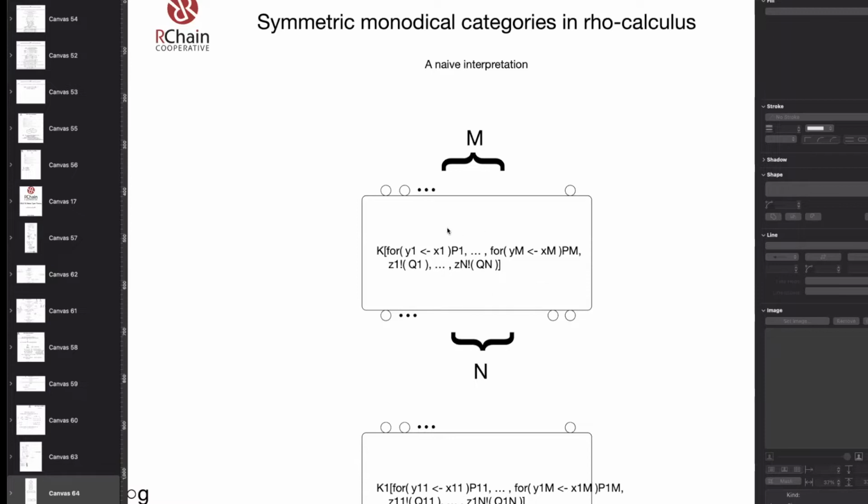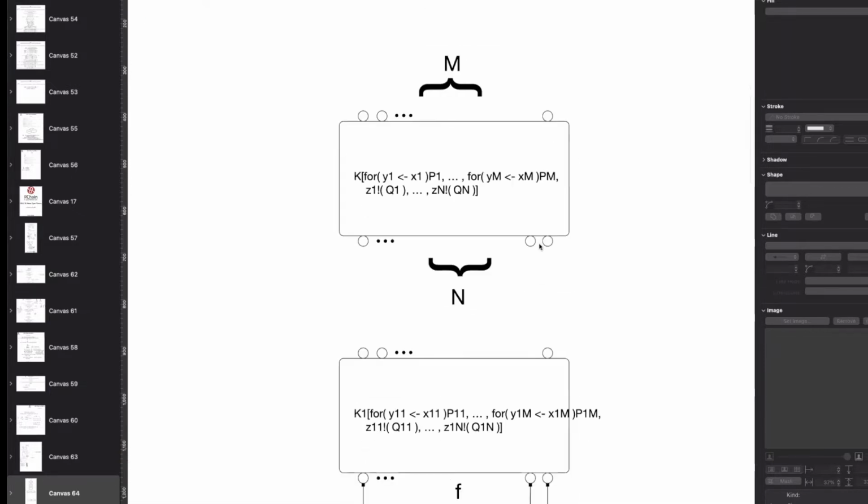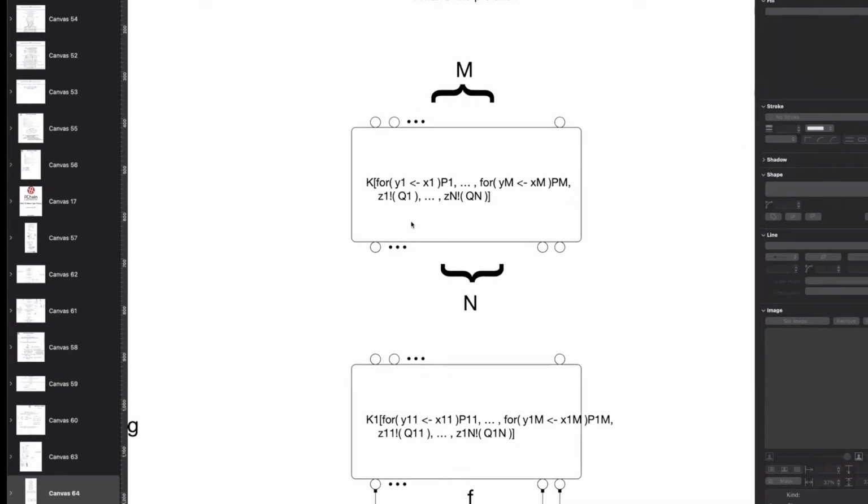So what we're about is modeling boxes with wires, right? We have some box and some number of ports which you can glue together with wires. And what we want is the rho-calculus expression that corresponds to a box with wires.